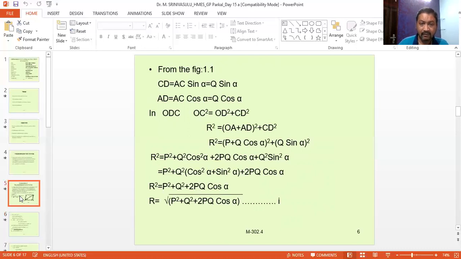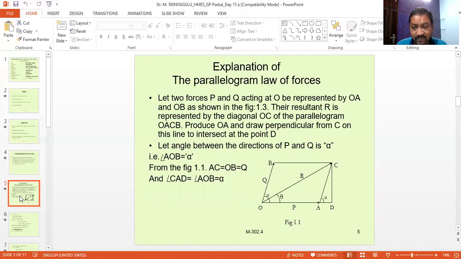Now in the bigger right angle triangle, we got the OCD. OCD is the bigger right angle triangle. So according to the Pythagoras theorem, the square of the hypotenuse is equal to the square of the opposite side plus the square of the adjacent side.